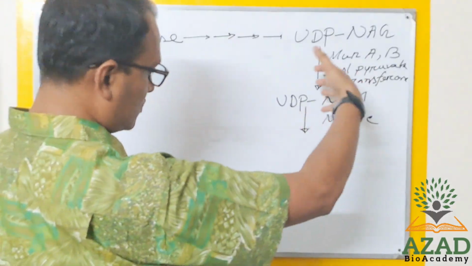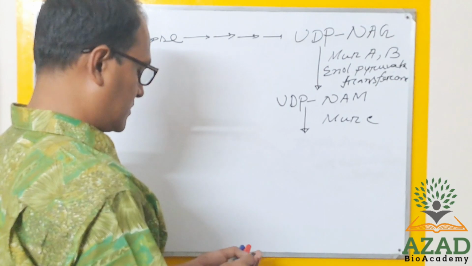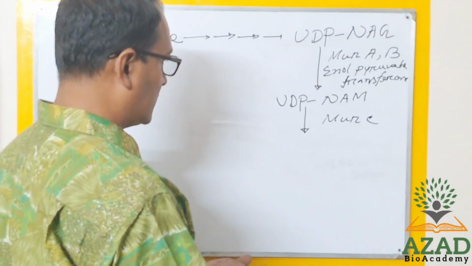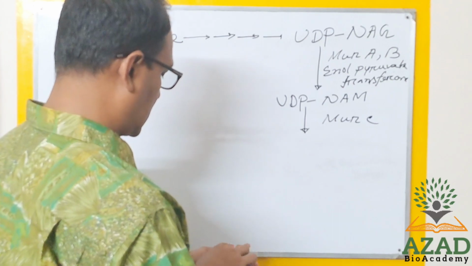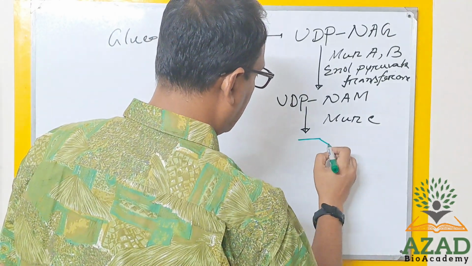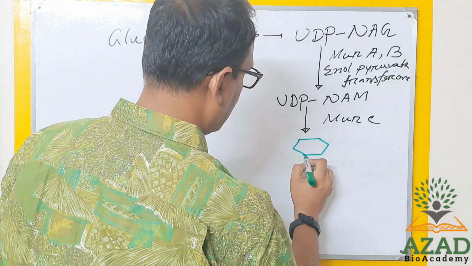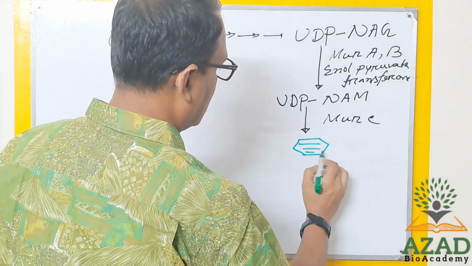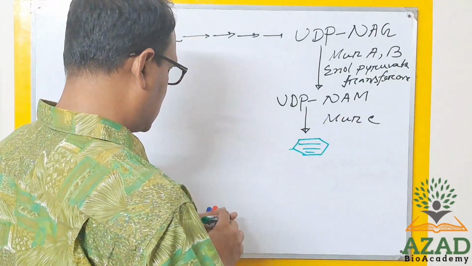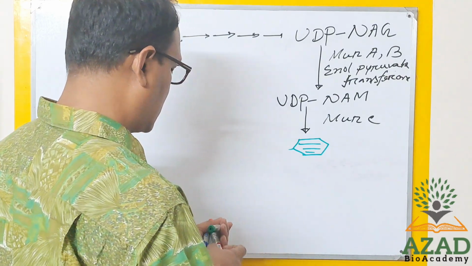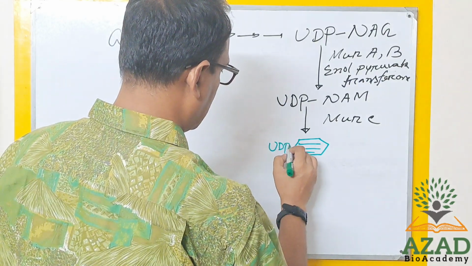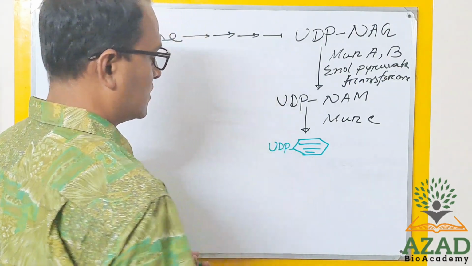Now I will try to explain structurally. You can think this is a sugar unit, that is NAM, and one UDP is attached here. This is UDP, uridyl diphosphate.